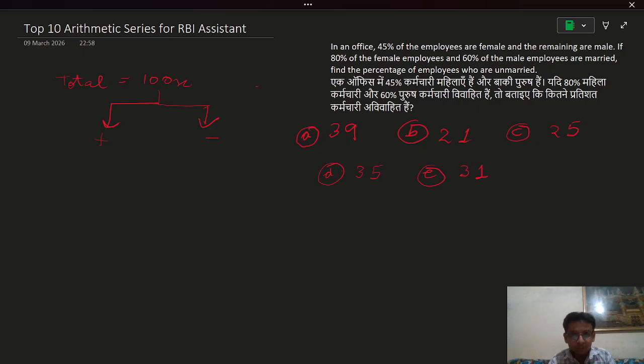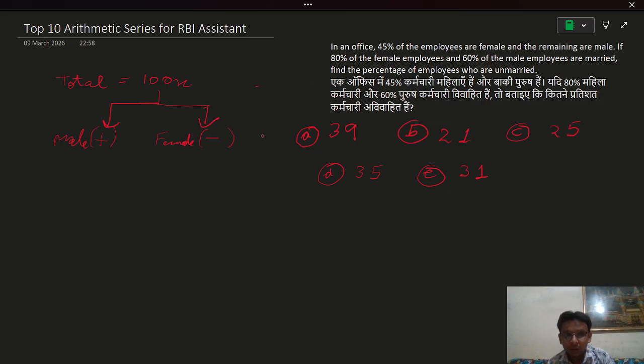In a banking exam, it's better to be fast and accurate than to write down male or female. So using symbols is highly beneficial. That's why you use plus for males and minus for females.